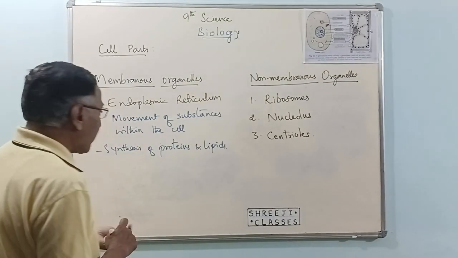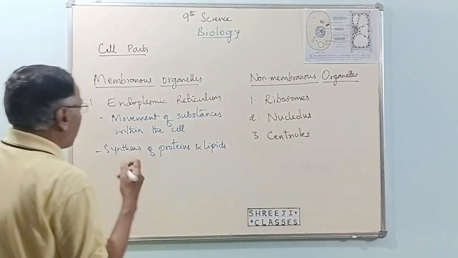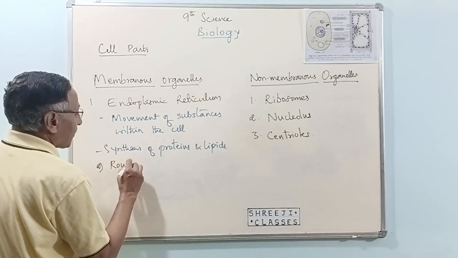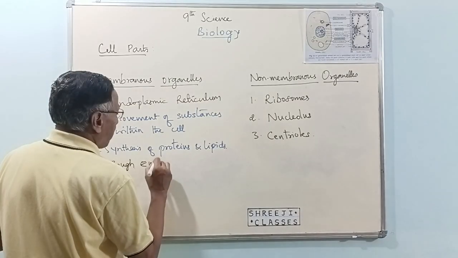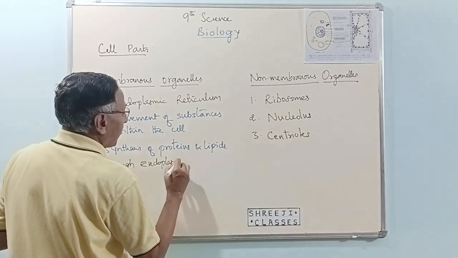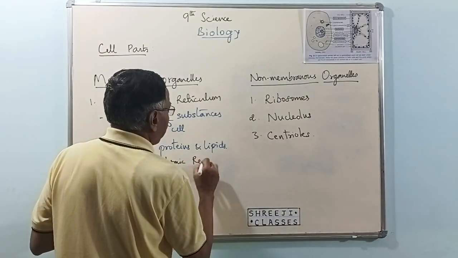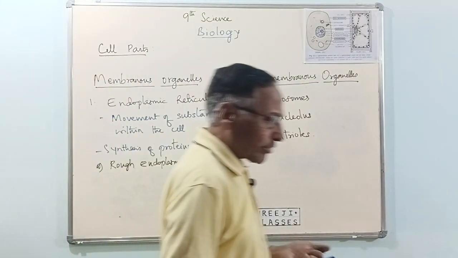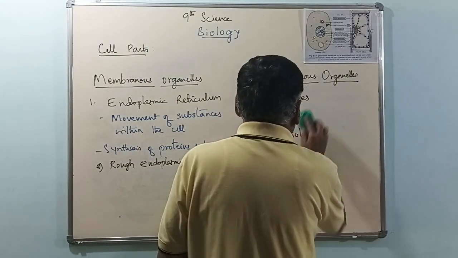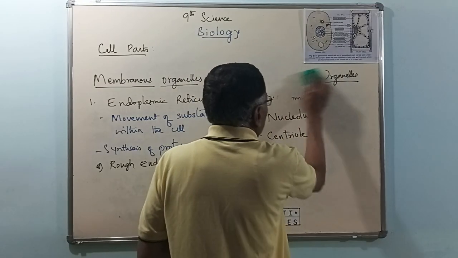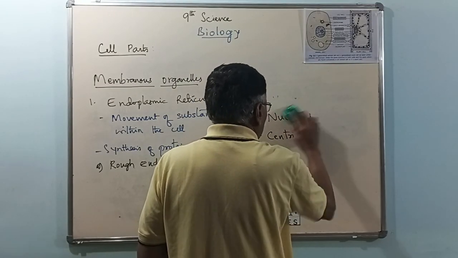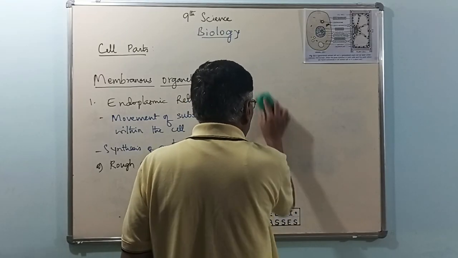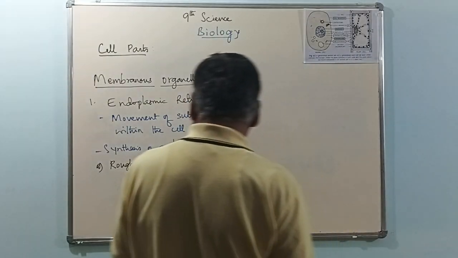Now, there are two types of this endoplasmic reticulum. One is called rough endoplasmic reticulum, and another one is called smooth endoplasmic reticulum.